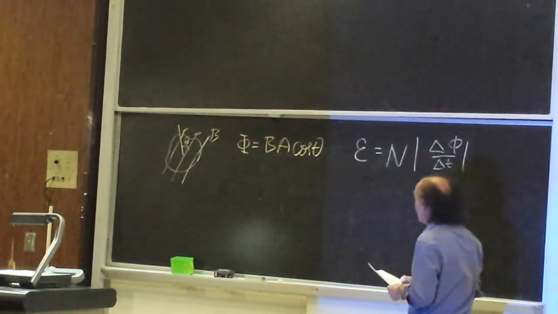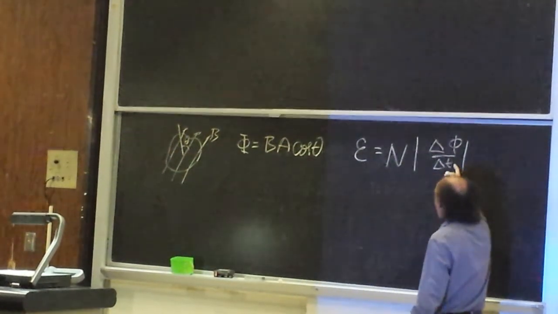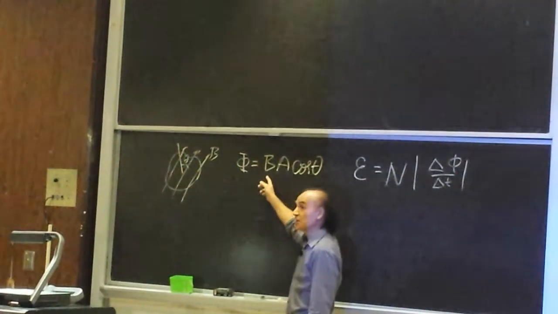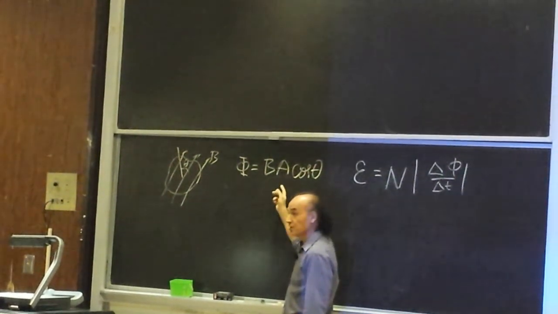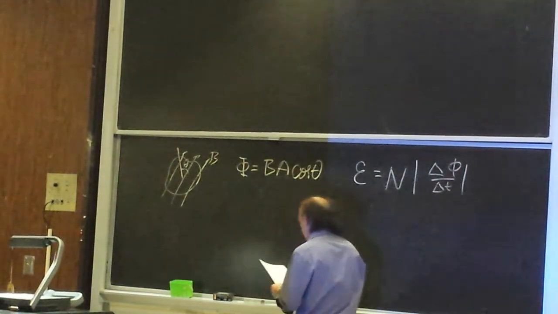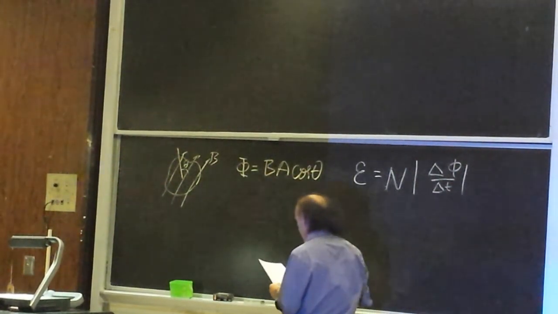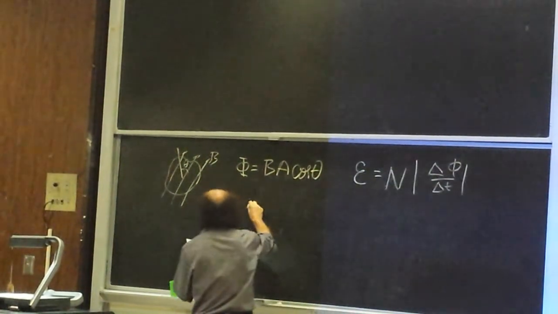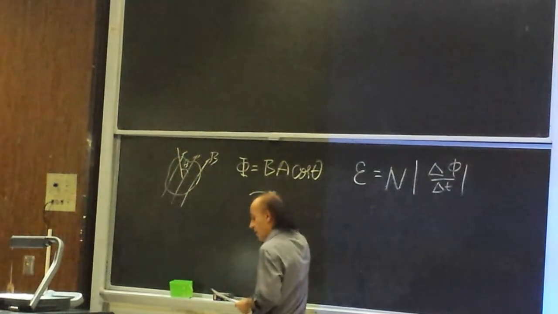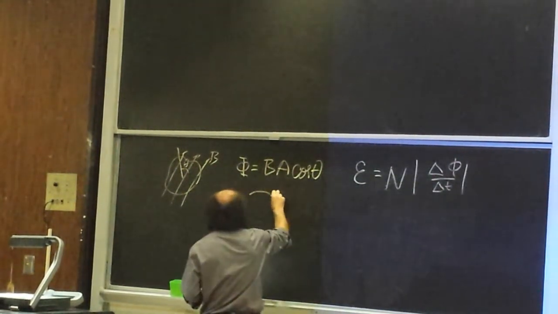But when you look at this, you can say that the flux can change because of a changing magnetic field, changing area, or changing orientation. And we can have several situations. For example, you have a circular circuit.